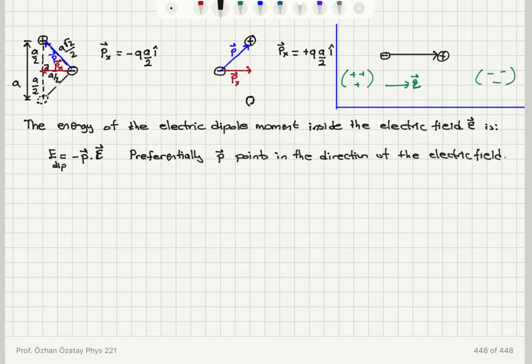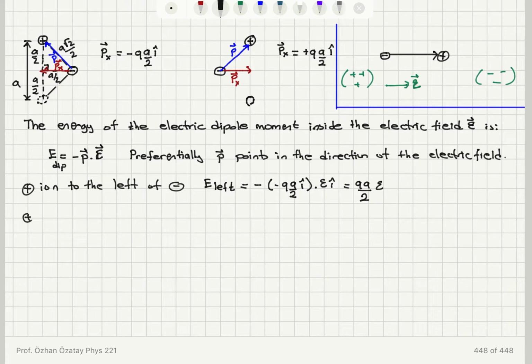So I have two possible scenarios. The positively charged ion to the left of the negatively charged ion: in this case the energy of this configuration would be equal to minus, since the x component is minus qa over 2 I hat, dotted with the electric field in the positive x direction, epsilon I hat. So the energy of this configuration would be plus qa over 2 epsilon.